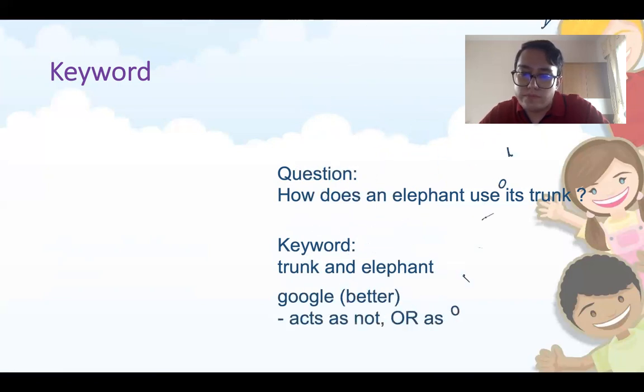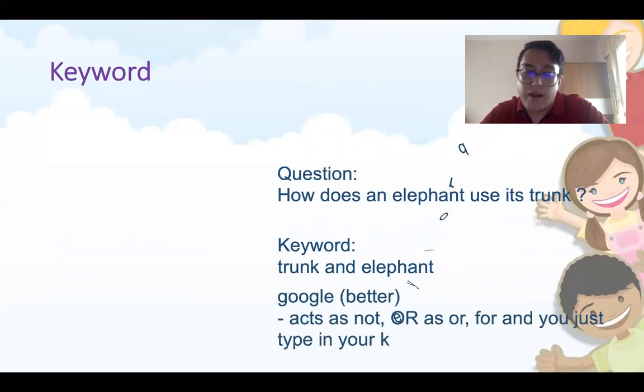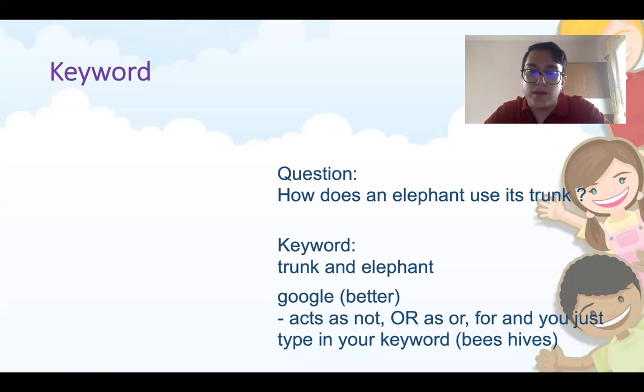For Google, you don't need to type in "and", "or", or "for". You just type in your words, like bees, hives.